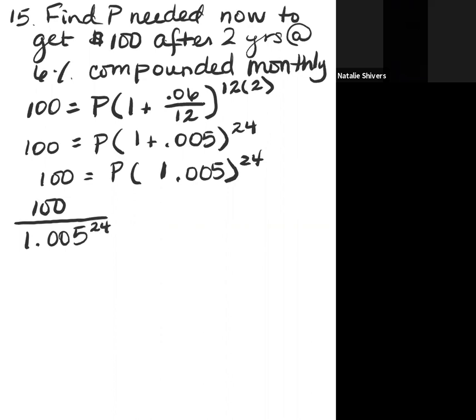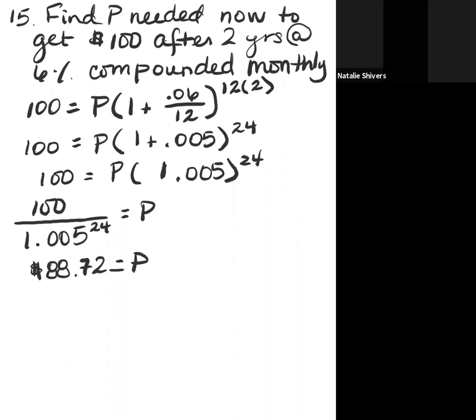I also know how to use my calculator to put 1.005 to the 24th, hit enter, and I know how to do 100 divided by answer. So if you know how to do that, use that, and you should get $88.72. So realize that we're putting in less money. We're trying to get $100 total.